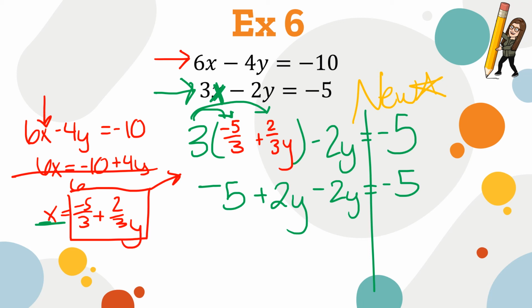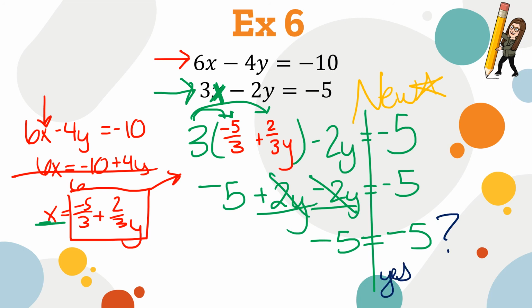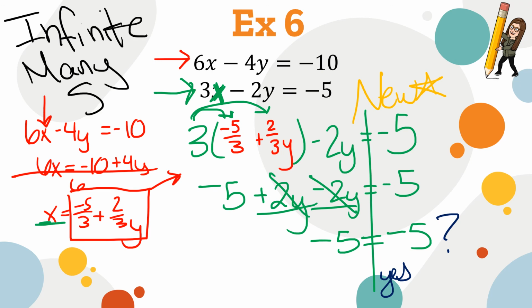So don't get worried, don't get confused, just slow down and follow the steps. Next step is combining like terms. Well, 2y minus 2y is 0. -5 falls down, -5 falls down. Is that true? Is -5 equal to -5? Yes. So we have infinitely many solutions.